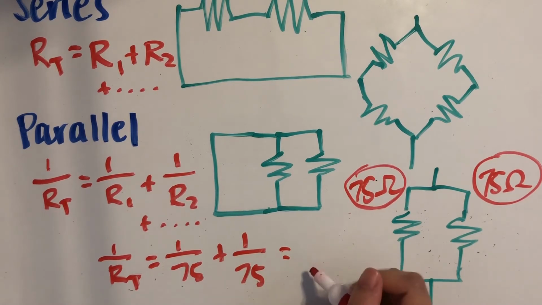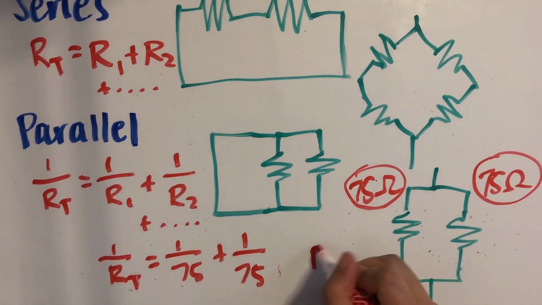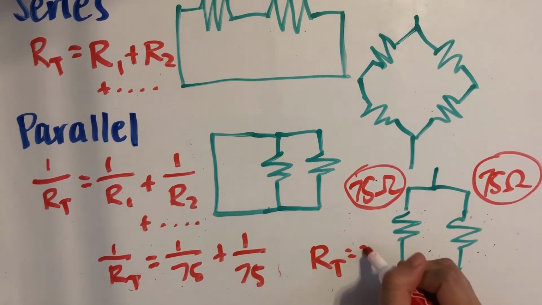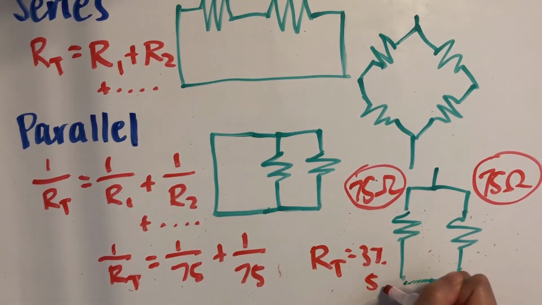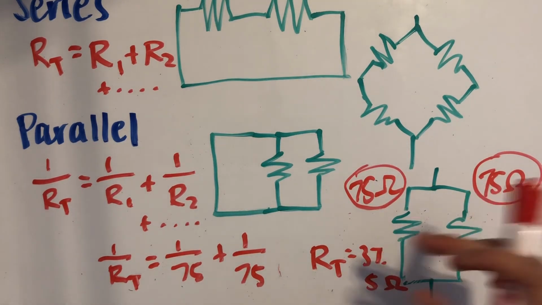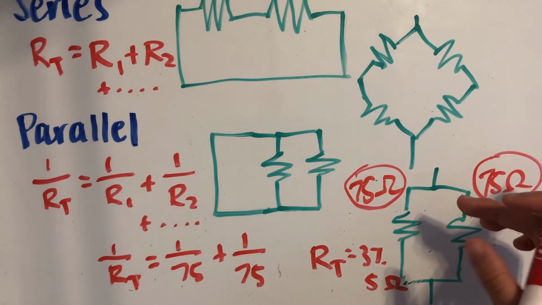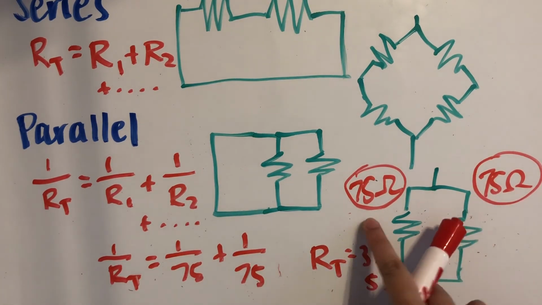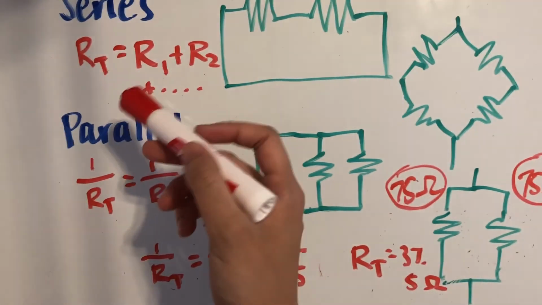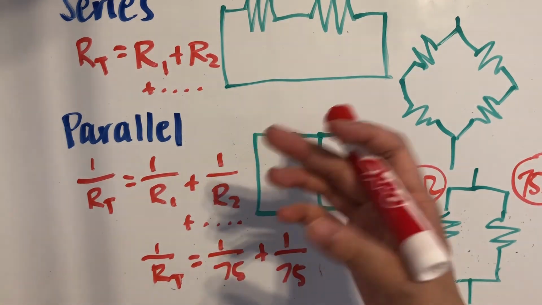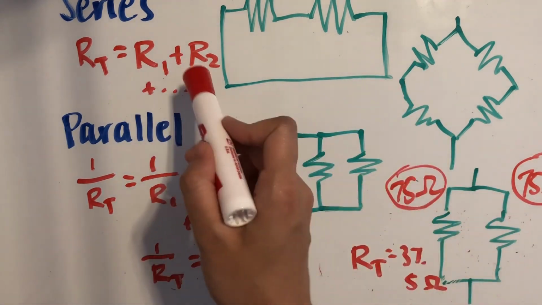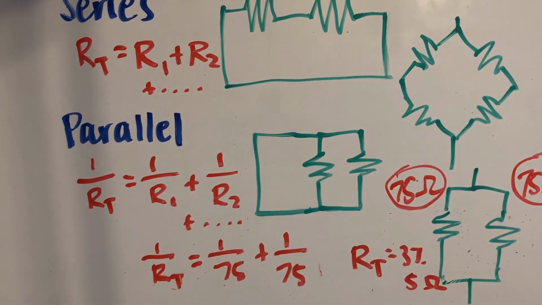So our subtotal is going to be 37.5 ohms. Notice how the total resistance of these two parallel resistors is actually smaller than one resistor itself, while in series, the total resistance is going to be bigger intuitively because you're simply just adding the resistance values.